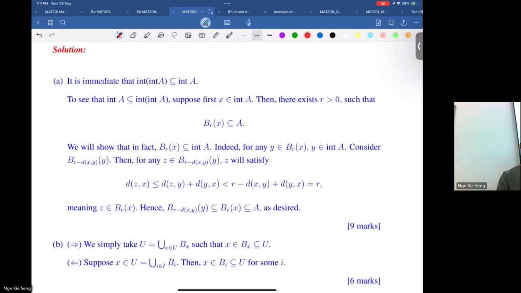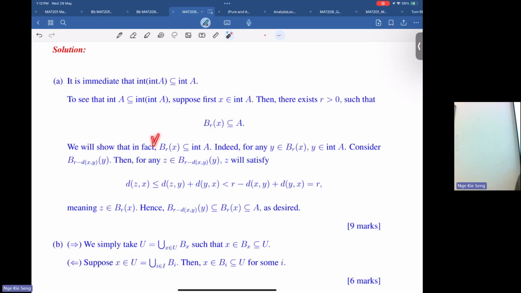What does that mean? It means there exists an open ball in int A. So where do I find this open ball? There's a natural candidate here. I'm trying to show that this ball is also in int A. What do I do?